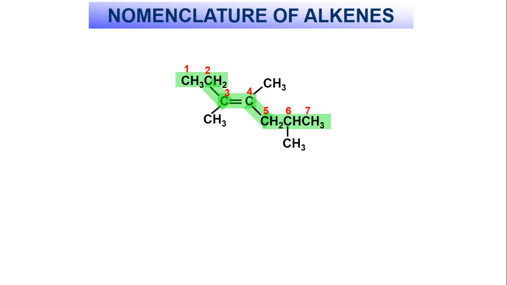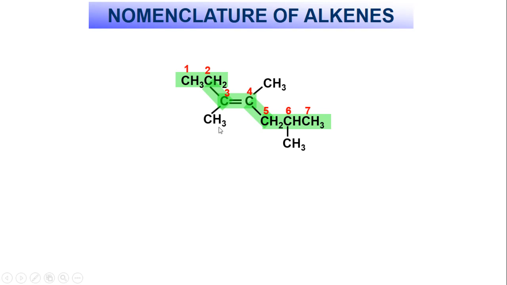Remember, the numbering will help us to know where the branch is, and also to know where the double bond is. Then after identifying the chain, what are we also supposed to identify? The branches. In this case, this is very easy. We have the methyl group there, the methyl group there, and then the methyl group there.